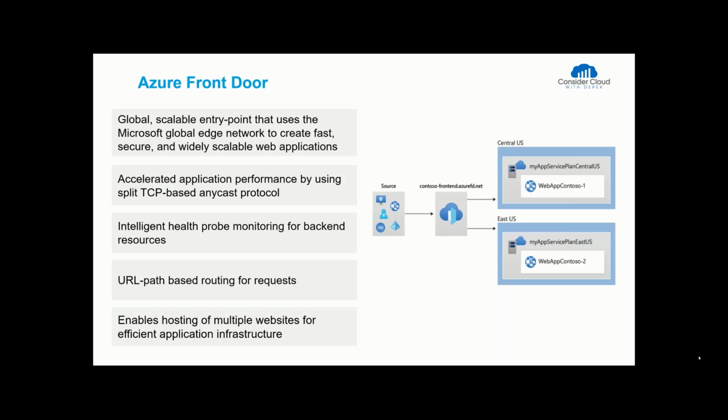And if any of you are familiar with Azure Traffic Manager, then you're very familiar with Azure Front Door's routing methods because they're pretty much identical. So you can do weighted, you can do regional, you can do based on quickest response time, right? So any of those various routing methods are completely available. In addition, it also has a number of different backend health monitoring options to suit your application's needs.